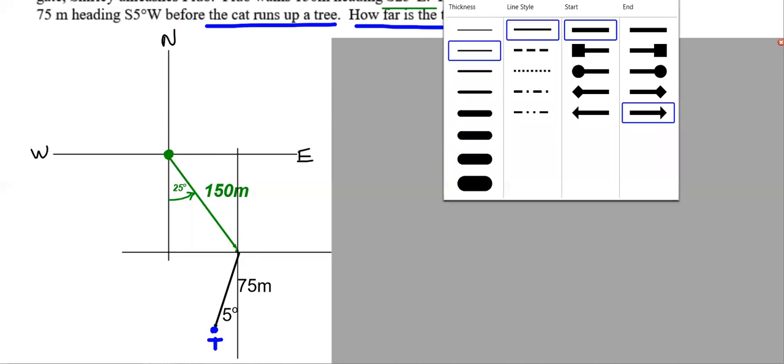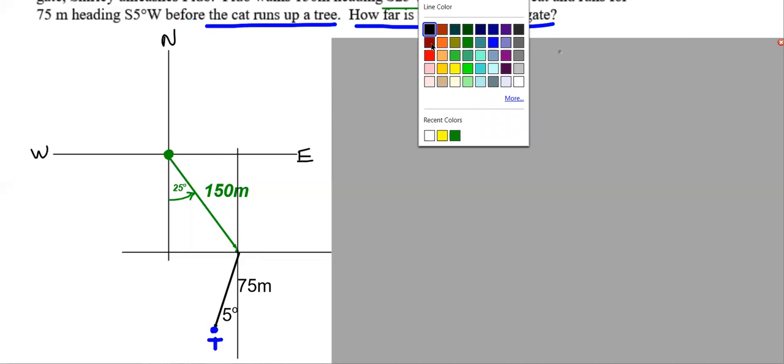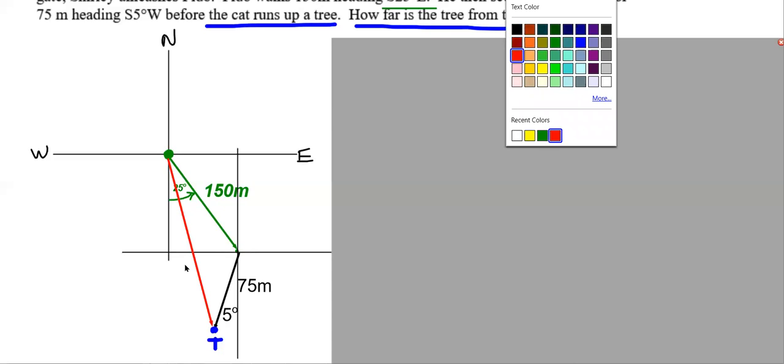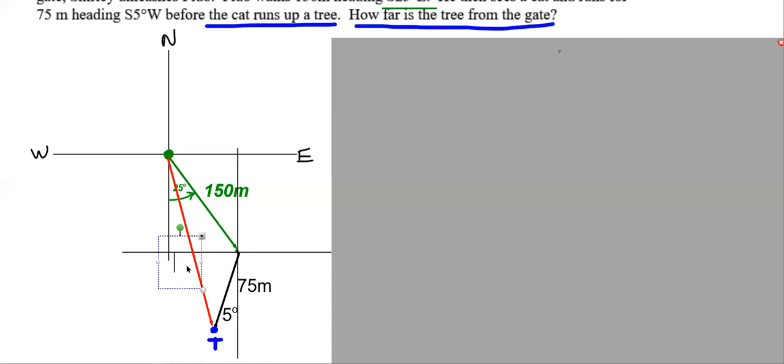So what we're asked to find is this measurement right there in red. Okay, so that's what we need to find. And I'll just happen to change the color to match. So we do not know that measurement there. And that's what we're asked to find.